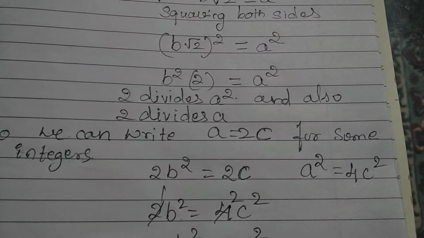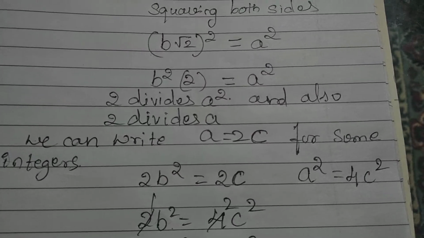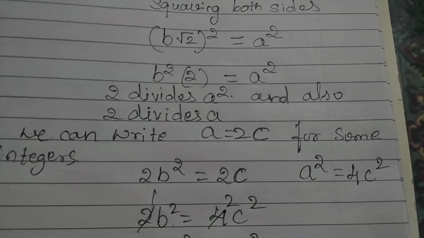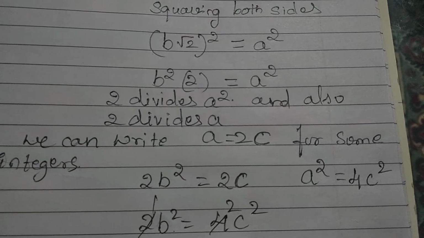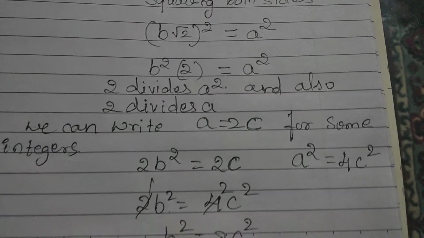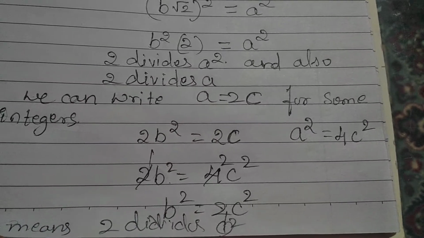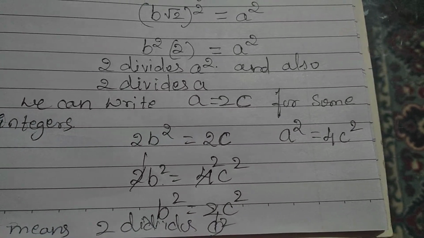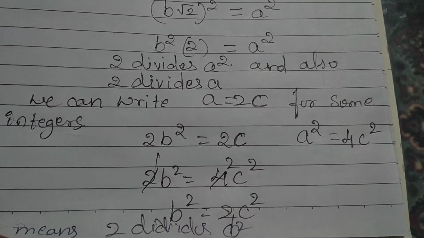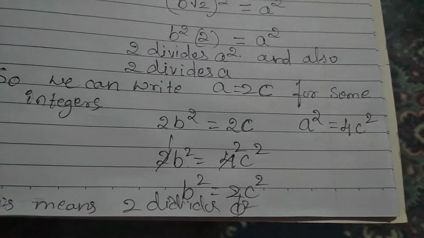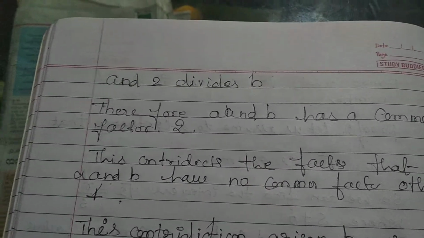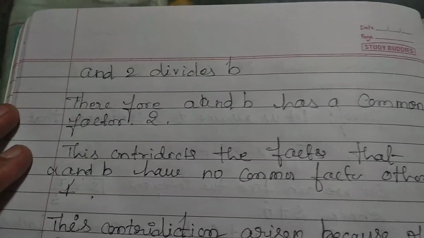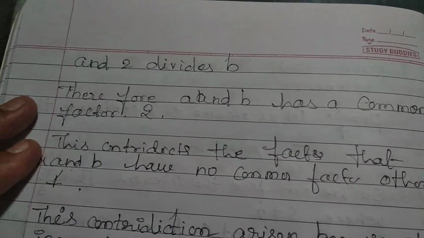Squaring on both sides, you will get a square is equal to 4c square. Now look, a square is equal to 2b square and it's also equal to 4c square. So when we divide, you will get b square is equal to 2c square. So 2 divides b square and also b. Therefore a and b have a common factor 2.